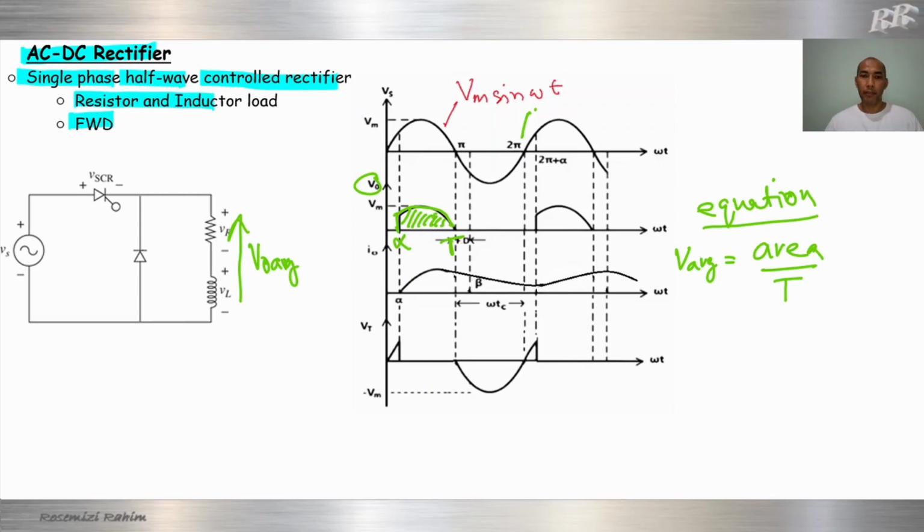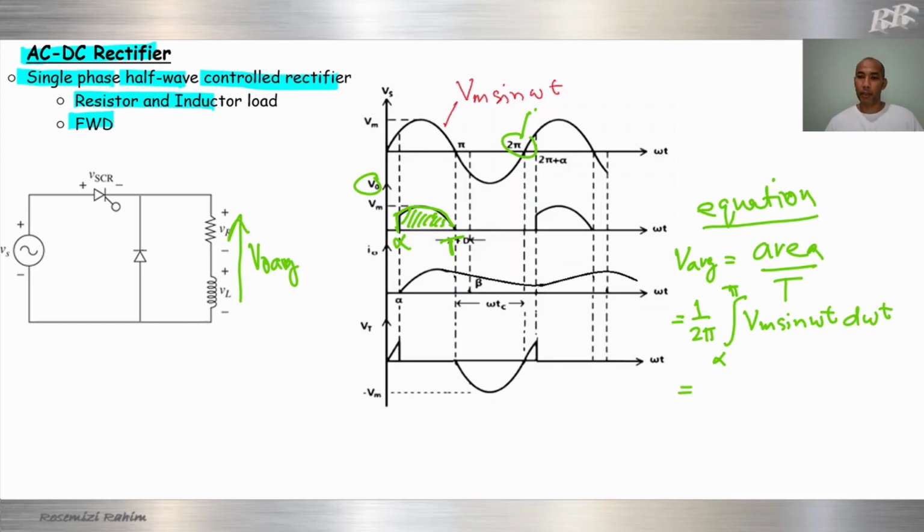The period is 2 pi, so it equals 1 over 2 pi integral from alpha to pi of Vm sine omega t d omega t.